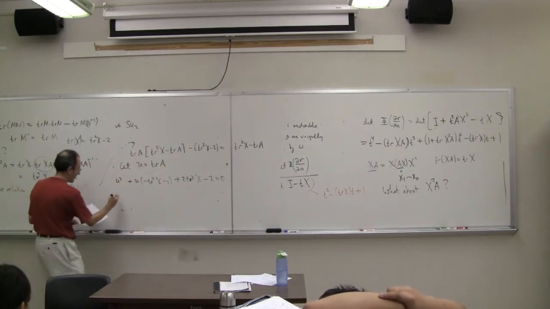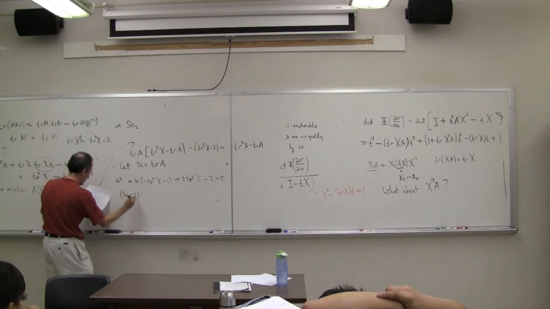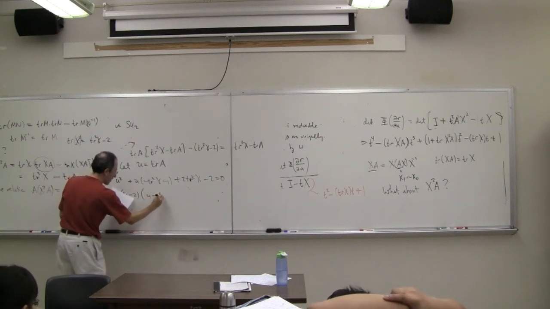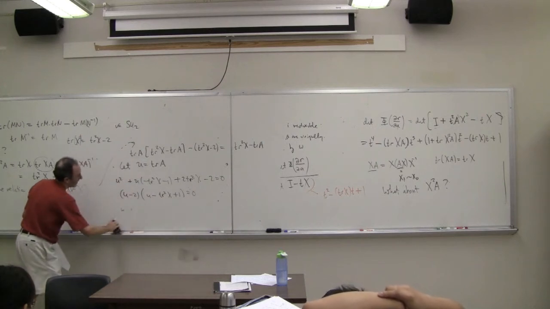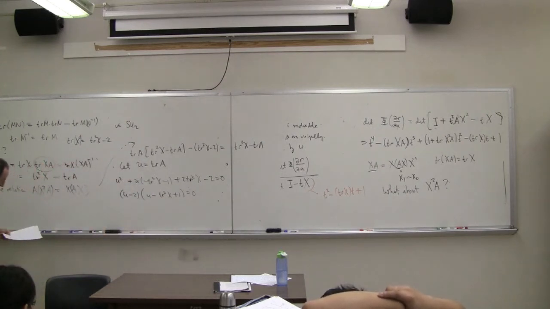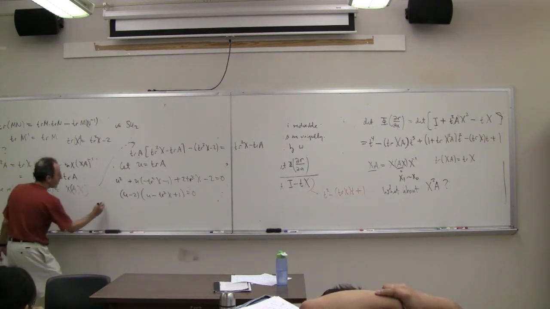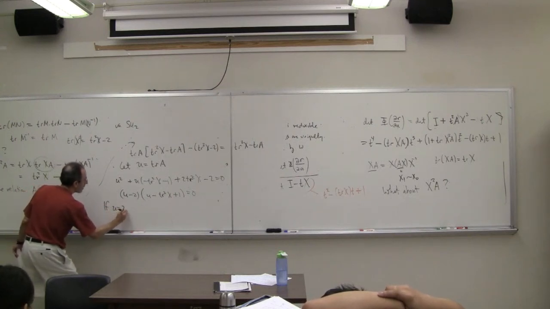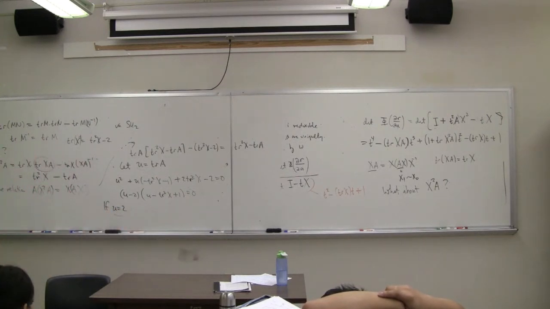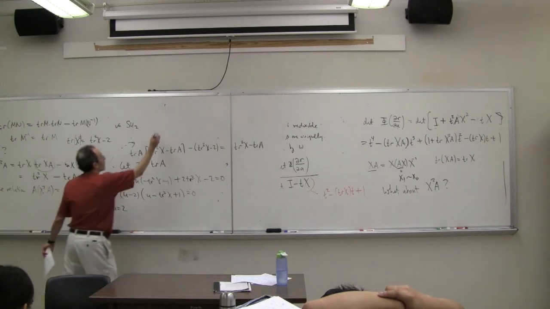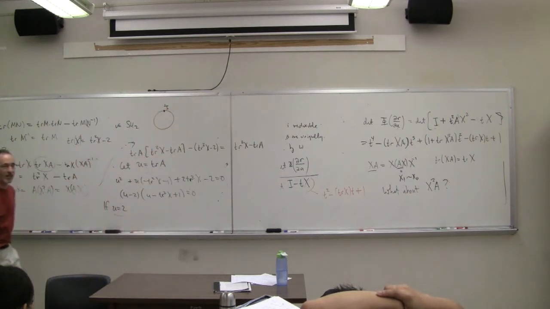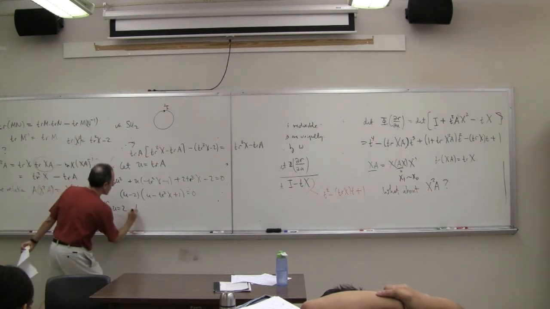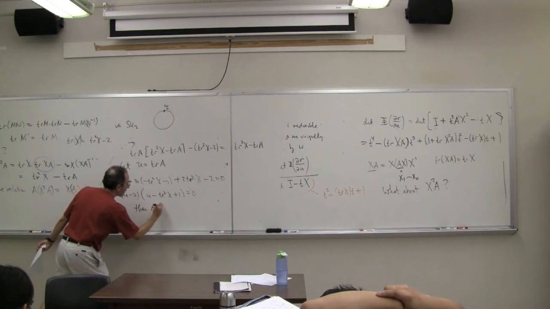And this factors remarkably well. If U is 2, remember what U is. U is the trace of A. And remember the picture. The only thing that has trace 2 is the identity, up there at the lonely North Pole. So if U is 2, then A is the identity.